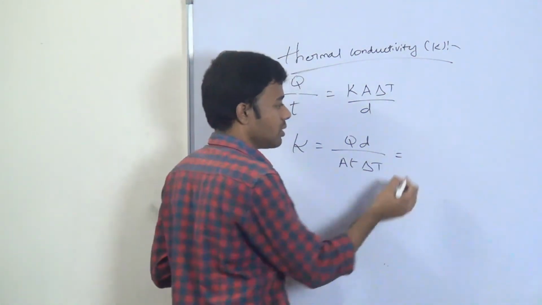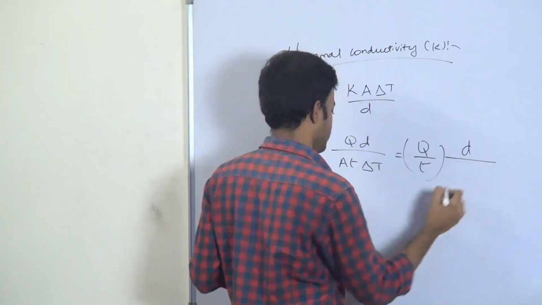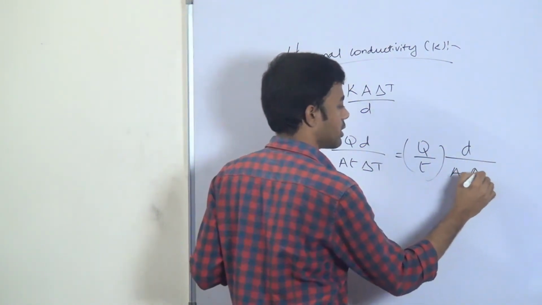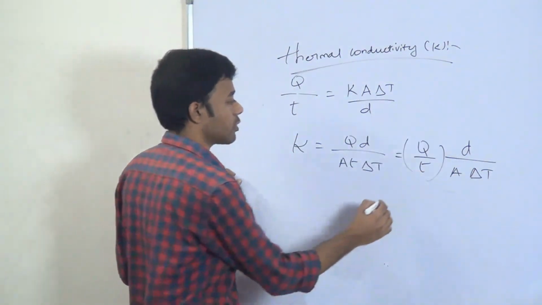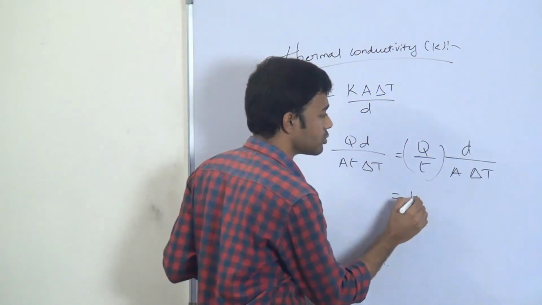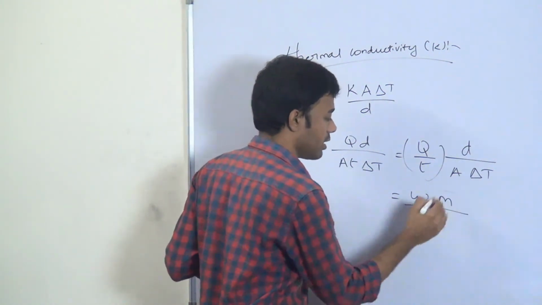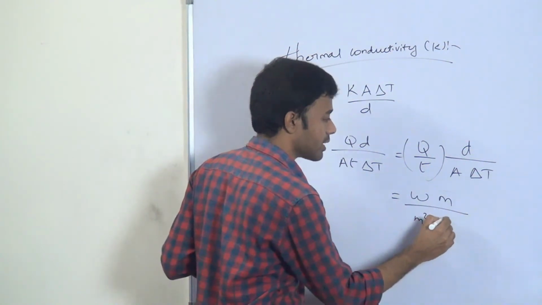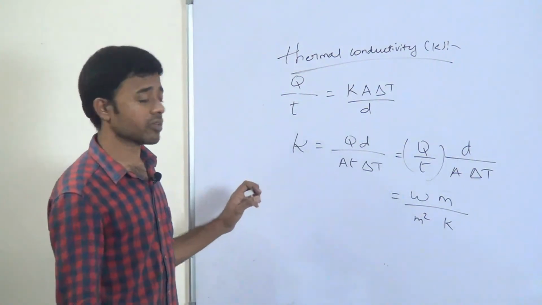Power means the amount of heat energy supplied, Q by T into D by A into delta T. Here the rate of heat flow Q by T is given in watt, distance is in meters, area is in meter square, and the change in temperature is in Kelvin.